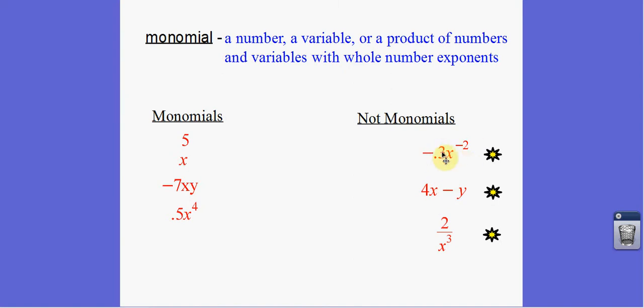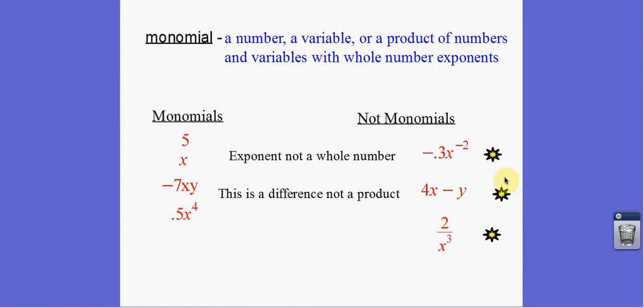This first term, negative 0.3 x to the negative second, is not a monomial because the exponent is not a whole number. Negative 2 is an integer, but it's not a whole number, so that makes that not a monomial. 4x minus y, this time, is not a monomial because it's a difference. We're subtracting. We are not multiplying.